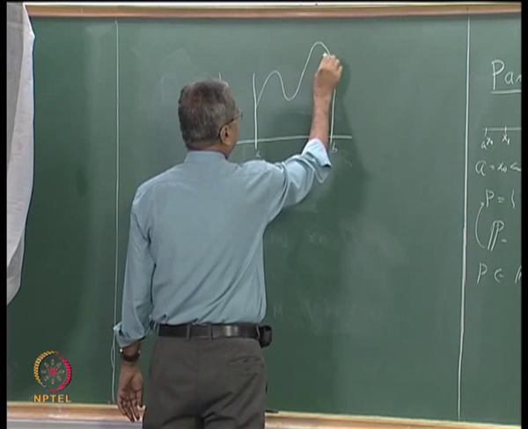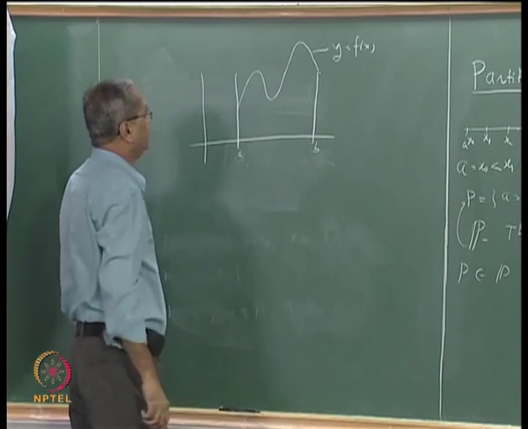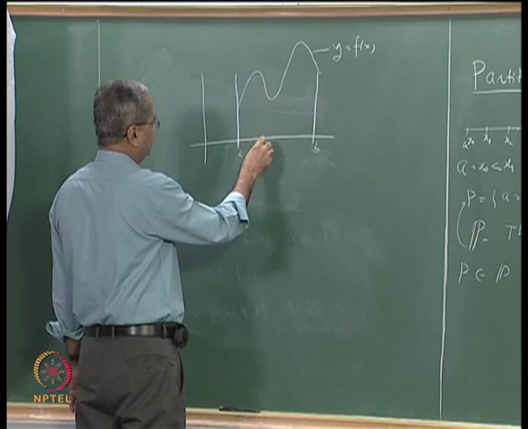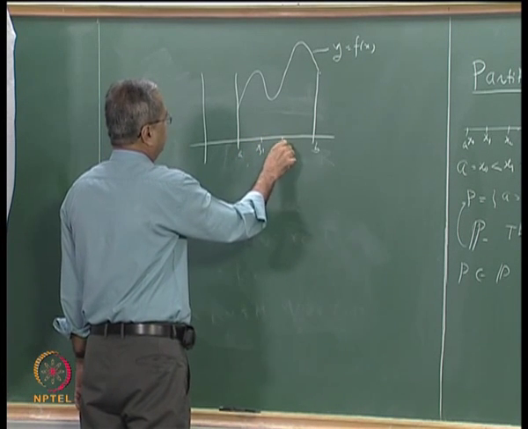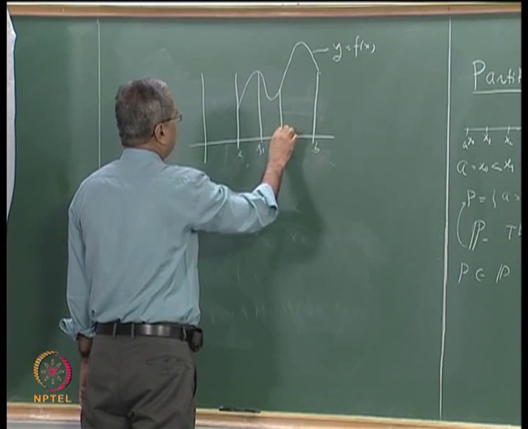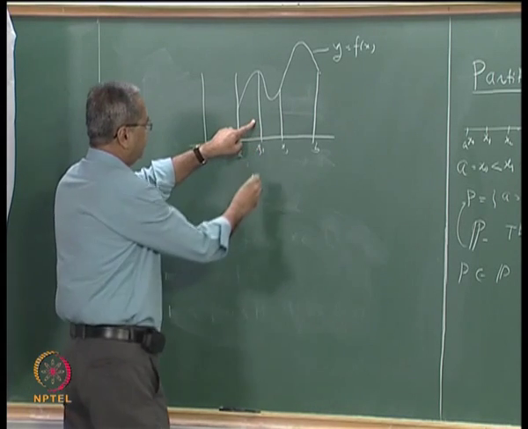Let us say this is the graph y equal to f(x). Okay. Then when we subdivide this interval into subintervals, suppose this is xj minus 1 and that is xj, then it is this subinterval. So this is f of xj, this is f of xj minus 1.